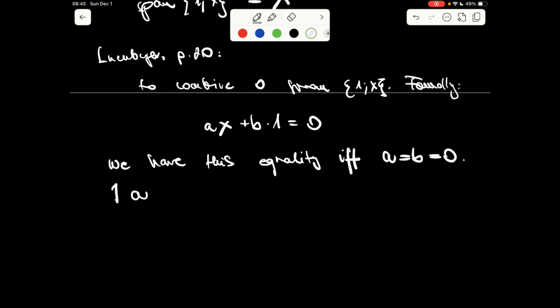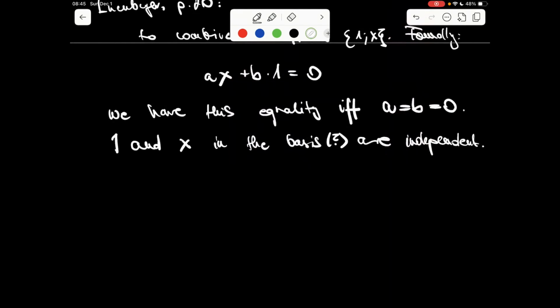So 1 and x form a basis, because they are independent. So they do form a basis.